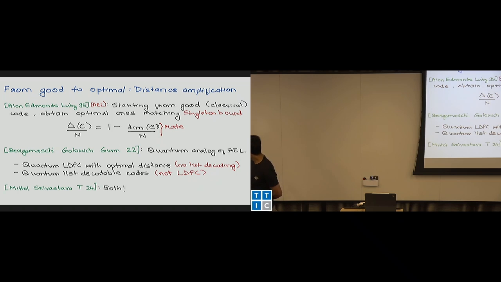But because of the way AEL was analyzed, they could not get list decoding for these codes, although the distance matched the quantum Singleton bound. They could also get list decodable codes. In fact, that's what they wanted for their application. But then they had to start with something other than LDPC codes for AEL, namely quantum analogs of Reed-Solomon or folded Reed-Solomon codes, and did not get LDPC properties. So you could get either one with really good parameters, but not both at the same time.